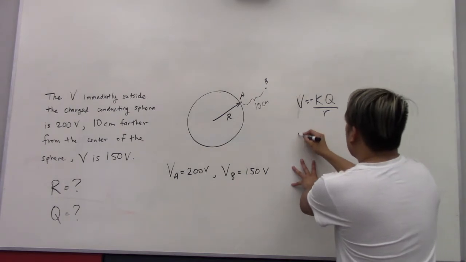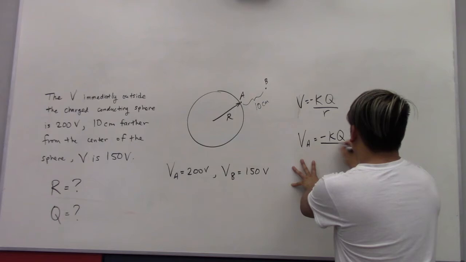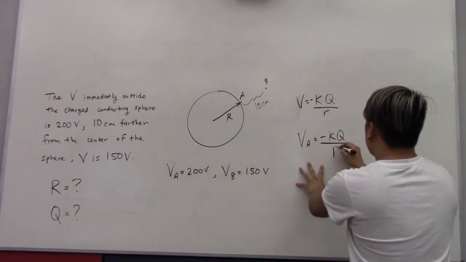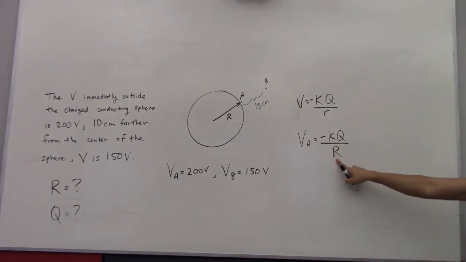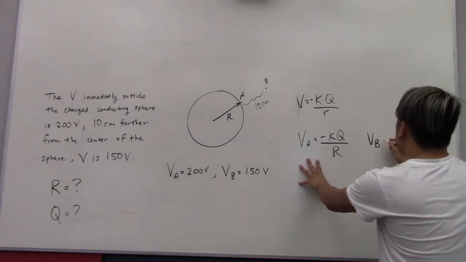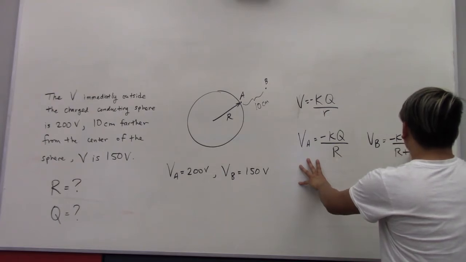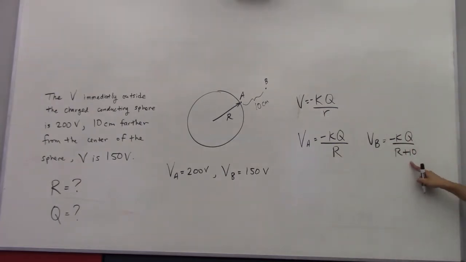So let's write this. VA equals negative KQ over, let's do capital R. That's VA. What's VB? VB equals negative KQ over R plus 10. It must be 10 more than the R.